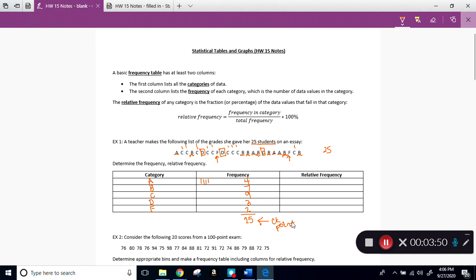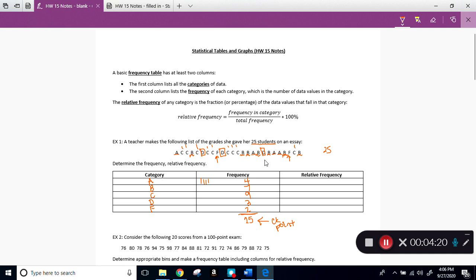If these aren't right, if you miss one of them, it's very easy to miss one of them, then it's going to mess up what you're doing for the rest of it. So check and make sure that your total here is the same thing they give you in the problem. And remember, if they don't give that to you, I could just go through here and count them. 1, 2, 3, 4, 5, 6, 7, 8, 9, 10, 11, 12, 13, 14, 15, 16, 17, 18, 19, 20. There's 25. So either check it in the problem or actually count them and make sure it matches this.